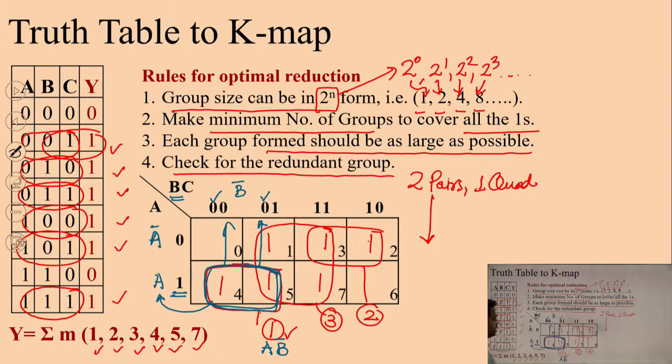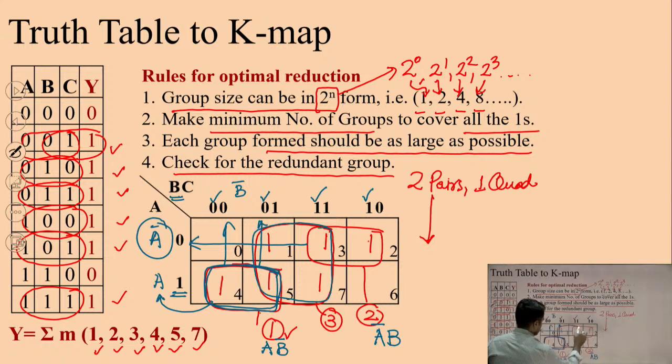Similarly, proceeding to the second group. From the row side I have A bar, and from the last 2 columns I can see that 1 is common, which corresponds to B. That means the answer is A bar B. Similarly, if I check the quad, this central one, both the rows are involved.